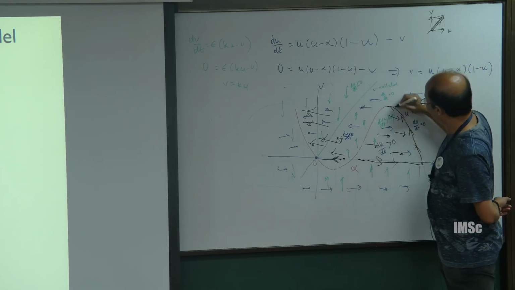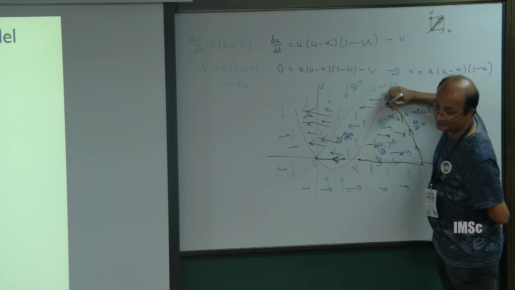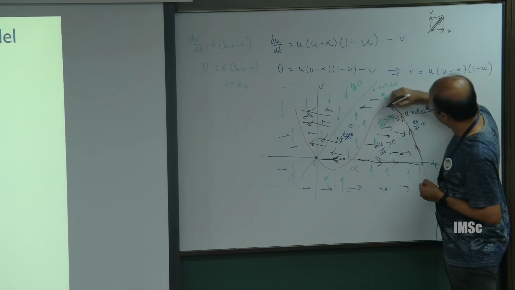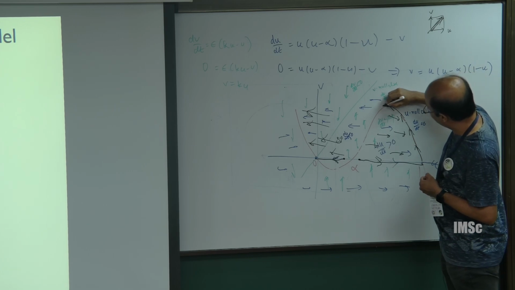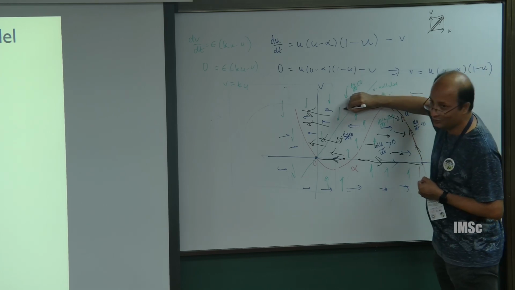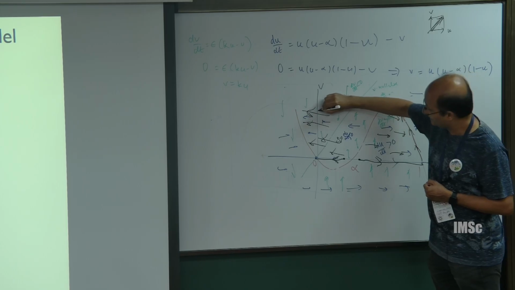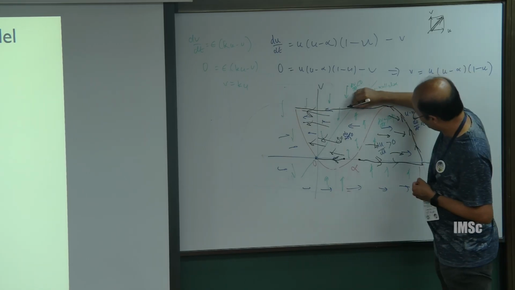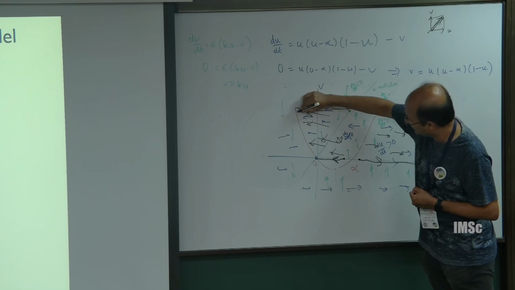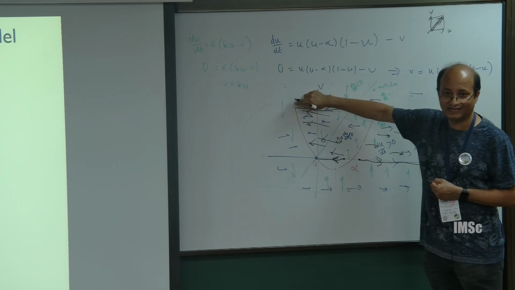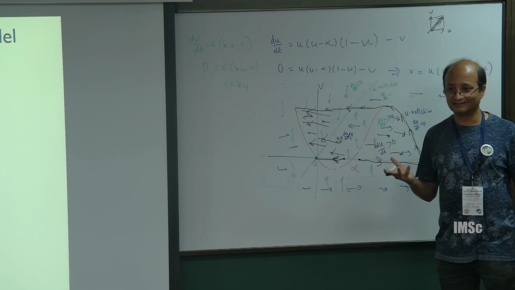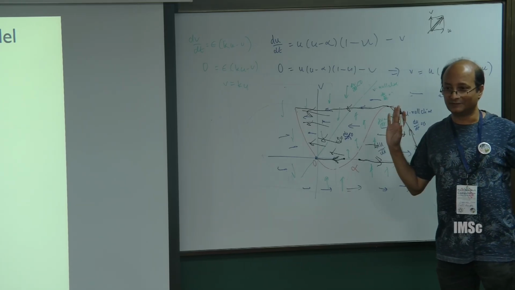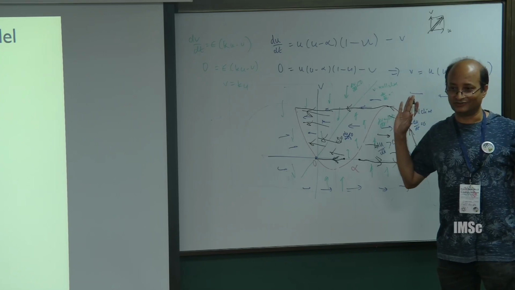And so this struggle between u and v pushes you out of this curve. The moment you get pushed out of this curve, u takes over, and you flow all the way here until you hit this u null line once more. Once you hit the u null line, the u contribution disappears and the v contribution takes over.